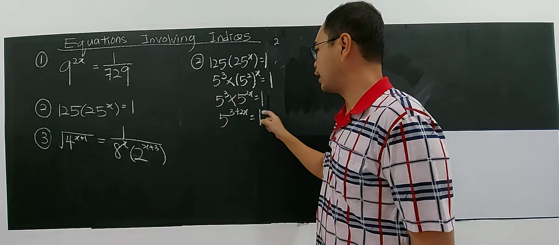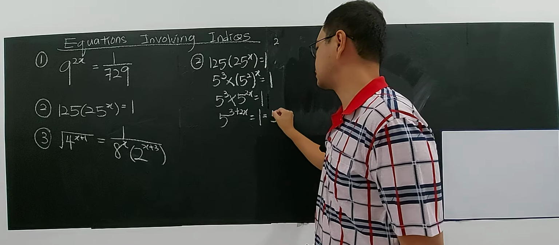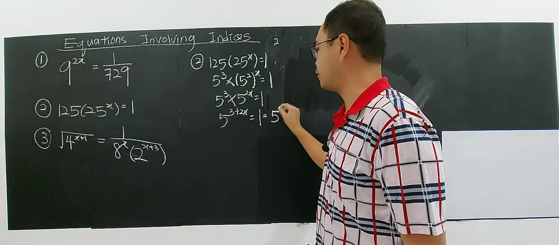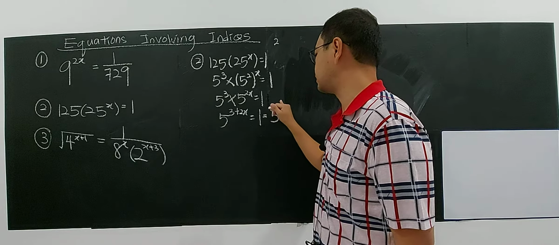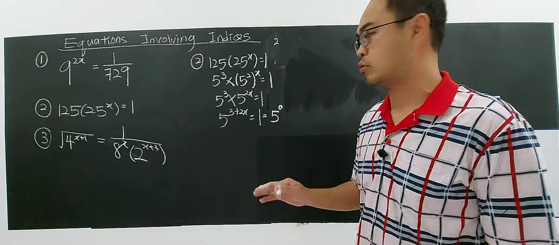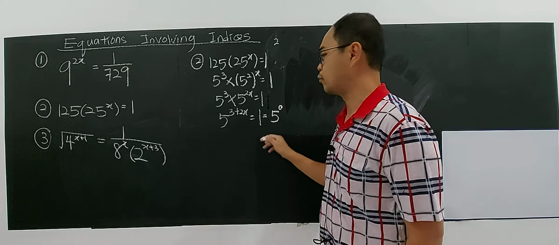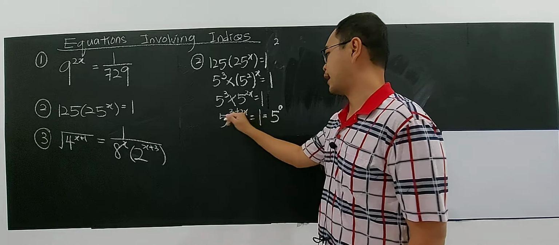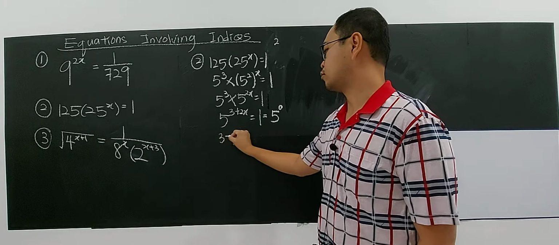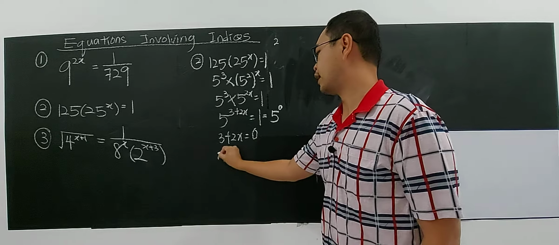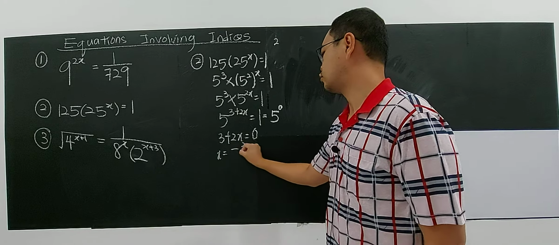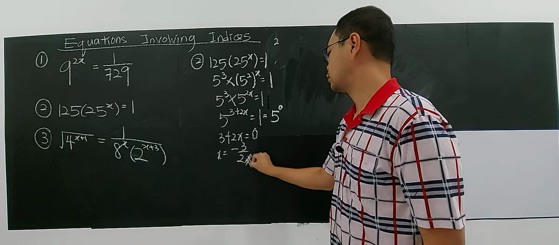You know that 1 can be changed to any base. It can be 3, 4 or 5, as long as you put a 0 as the index, because any nonzero number to the power of 0 gives you 1. Here I choose 5, so that I can compare the indices. So 3 plus 2x equals to 0, and you have x equals to negative 3 over 2.